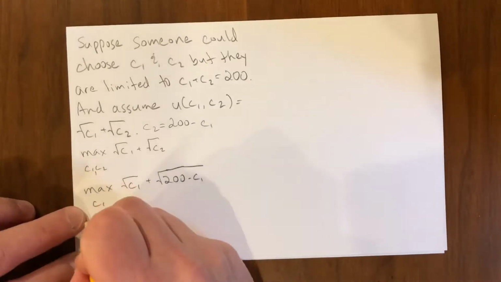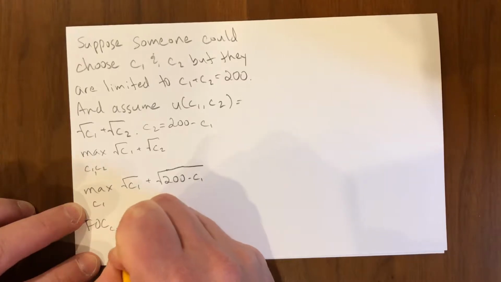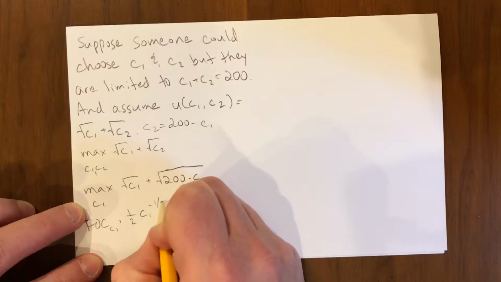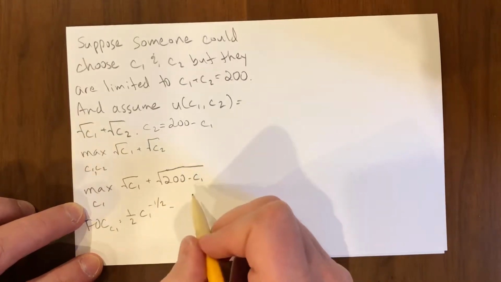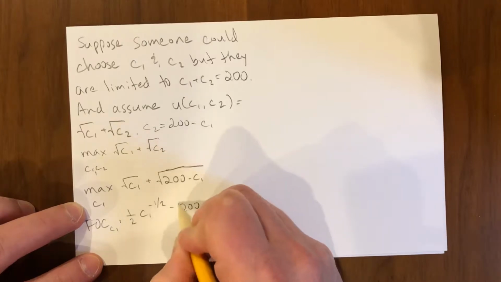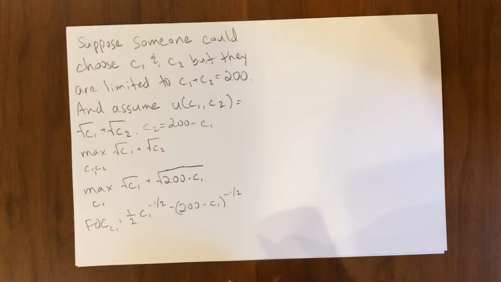Okay, so we just need to take our first order condition with respect to C1. So we would get 1/2 C1 to the negative 1/2. We would get minus 200 minus C1 to the negative 1/2. And so remember, by the way, that the negative here comes from the chain rule, right?